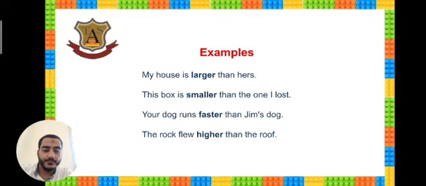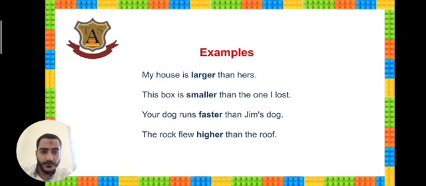Next example. The rock flew higher than the roof. The adjective here is higher. It's high.